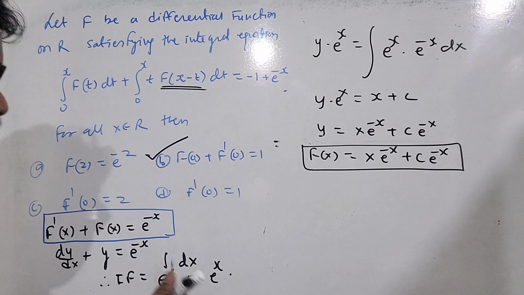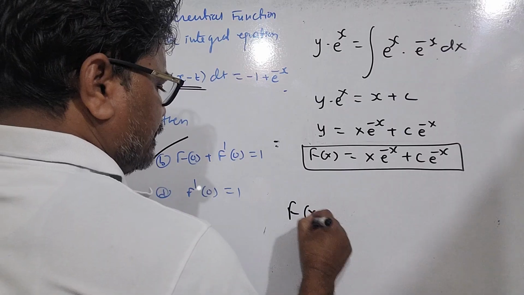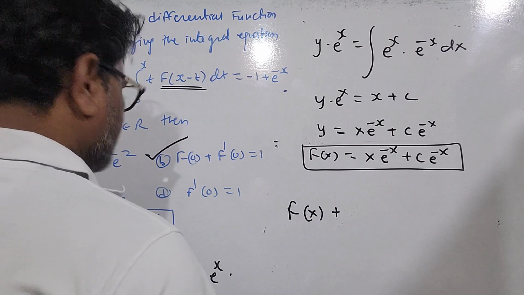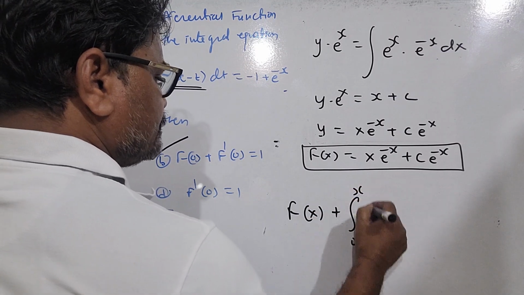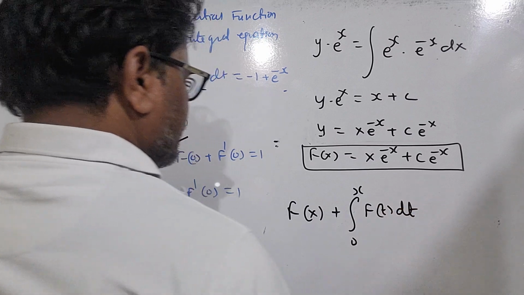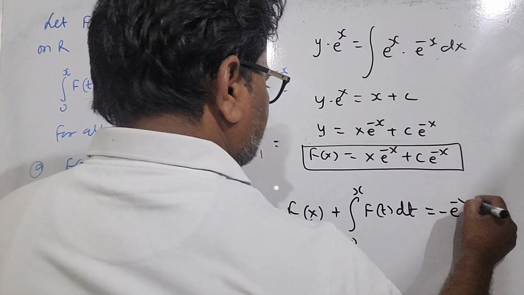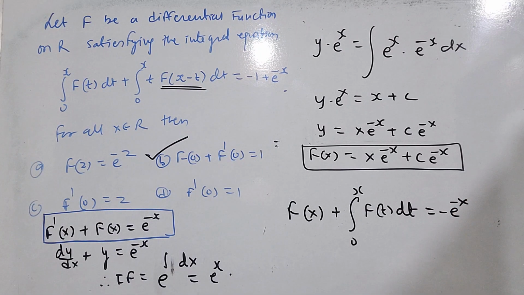Yeah, earlier we had it like that, no? We had f(x) plus the integration from 0 to x of f(t) dt, that is equal to minus e to the power minus x. That was the expression earlier.